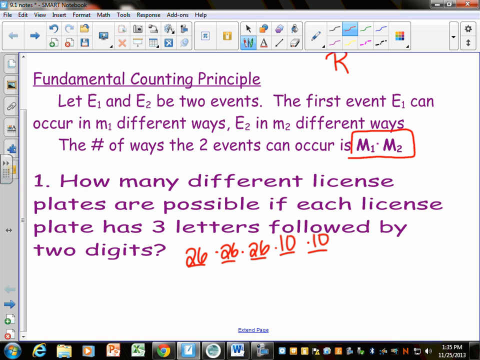Bryce, what did you get? Like it's over 1 million, right? I'm just going with your answer. Unless somebody disagrees. Trevor disagrees.